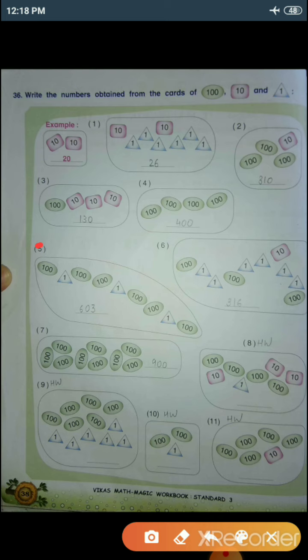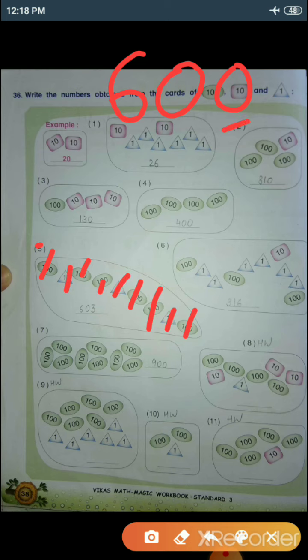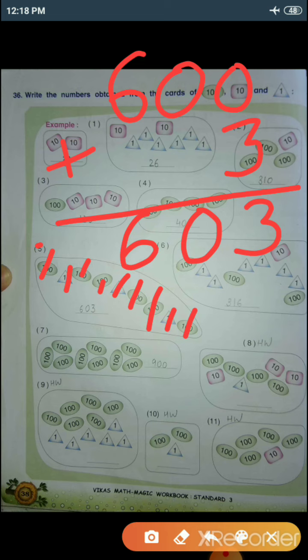First we are going to count the hundreds: 100, 200, 300, 400, 500, 600. So there are a total of 600. Now 1, 2 and 3, 3 ones are given. Now add these numbers: 3, 0, 6. The answer is 603.